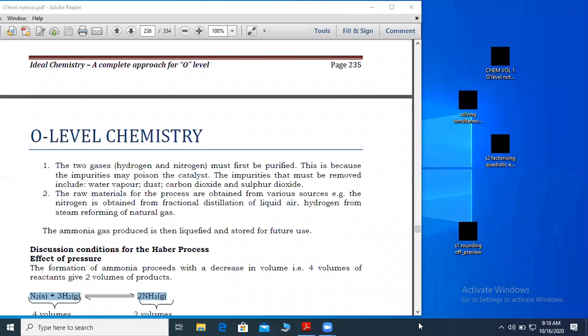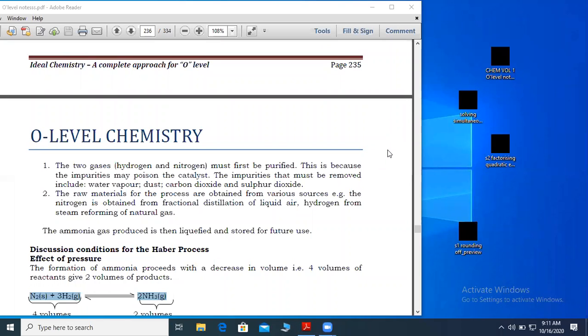Ruth, can you tell us those conditions? So we have high pressure. Specify. High pressure between what and what? 200 and 400 atmospheres. Correct. Thank you. Another one?